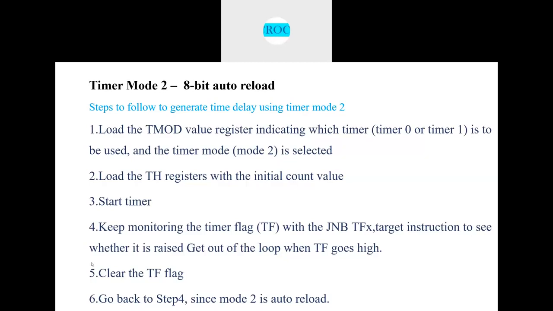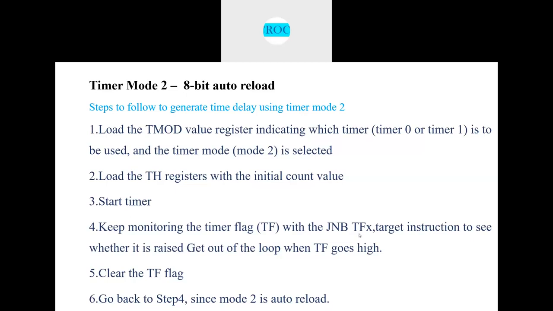Now, as I said, whenever the timer starts, we keep monitoring the timer flag with JNB TFx. It will keep monitoring whether the overflow flag is set or not. As the number of clock cycles increases, the number of counts will also increase, and whenever it reaches 256 counts, it will set the overflow flag to 1.